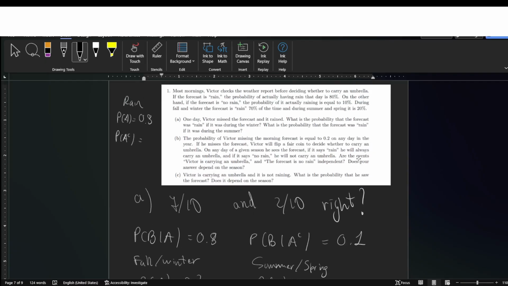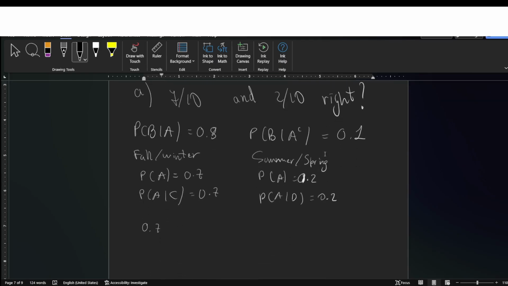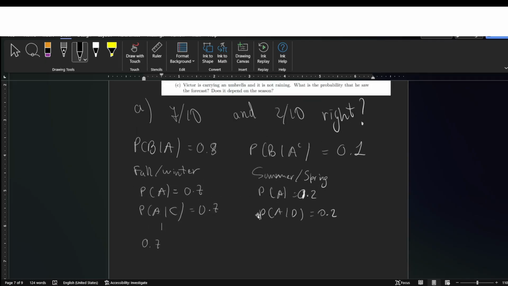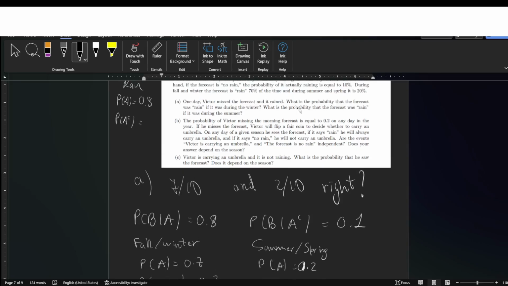Missed the forecast and it rains. So he doesn't know the forecast. Forecast was rain, which is just this in the winter, right? During the winter.